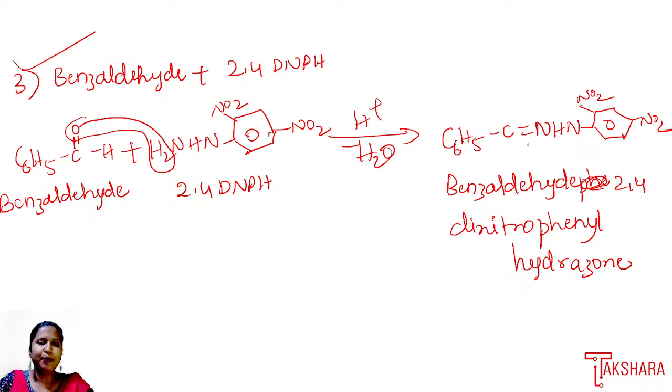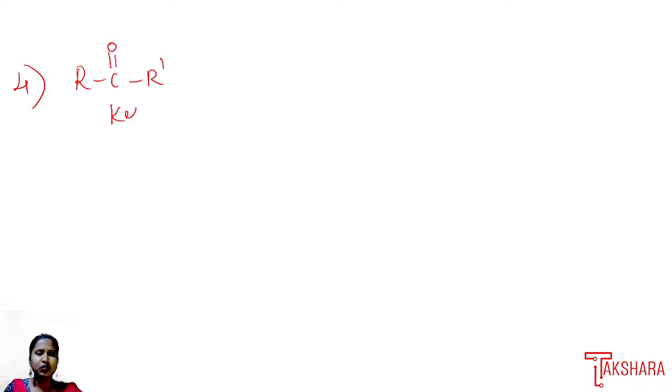So let us take the next example, an example for a ketone. The fourth example is acetone. Ketone has the general formula R C double bond O R dash. In the ketone place, let us consider CH3 C double bond O CH3, which is called acetone.